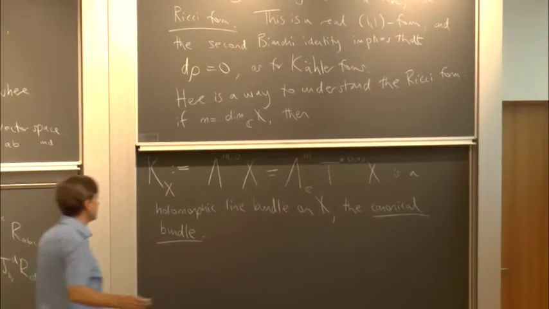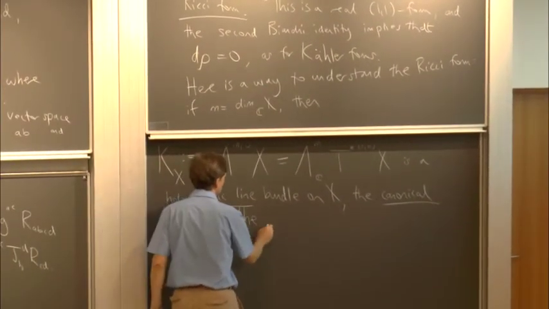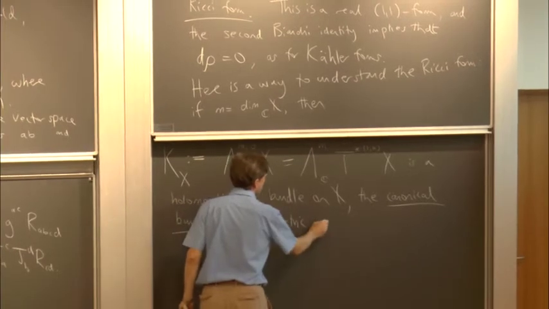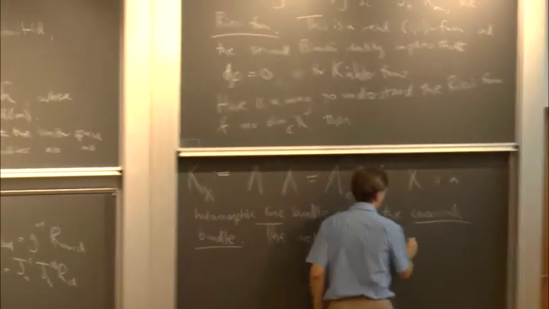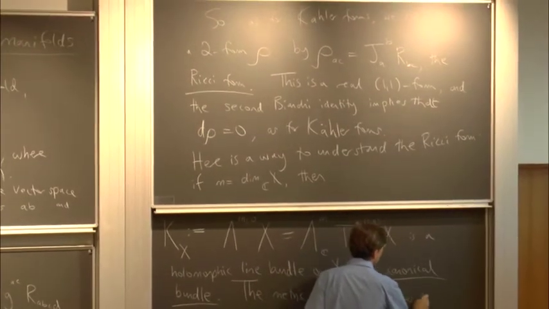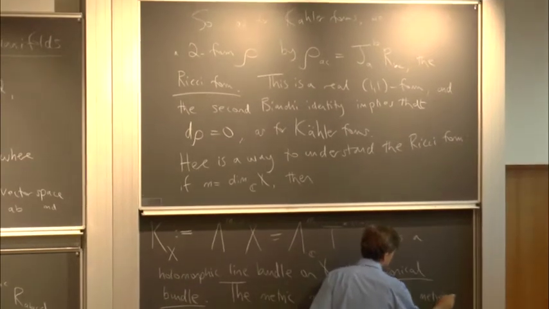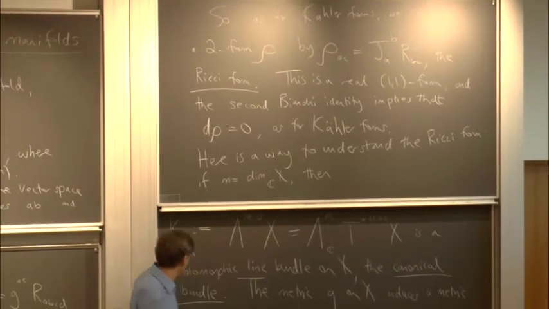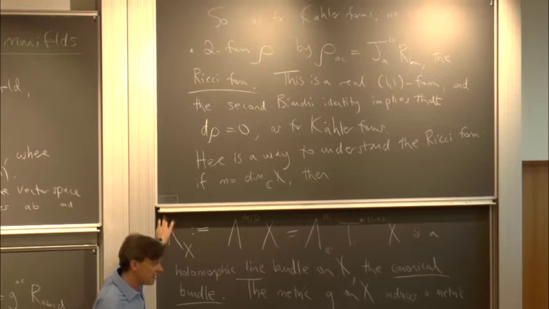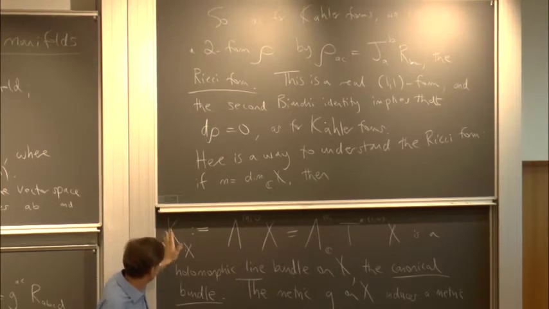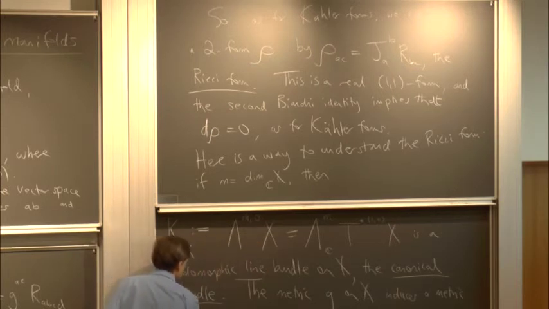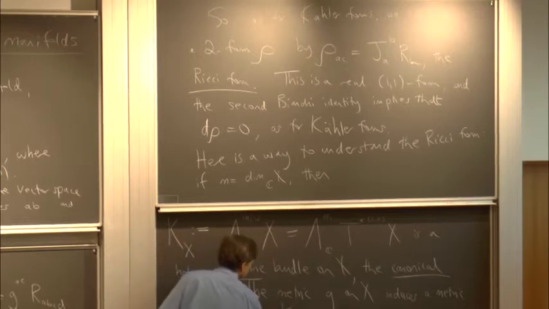And the metric g on X induces a metric in the sense of a metric on the fibres. So each fibre of K_X, which is C, gets a metric. So you know the kind of lengths of (m,0) forms. It induces a metric and a connection on the canonical bundle K_X.